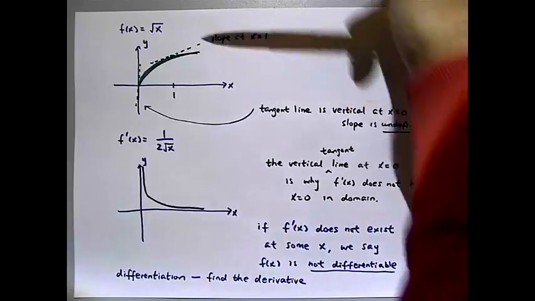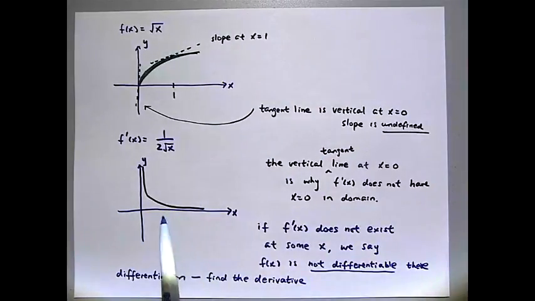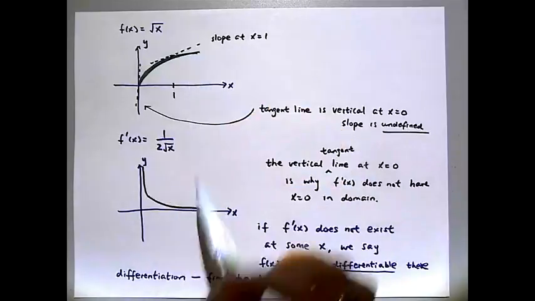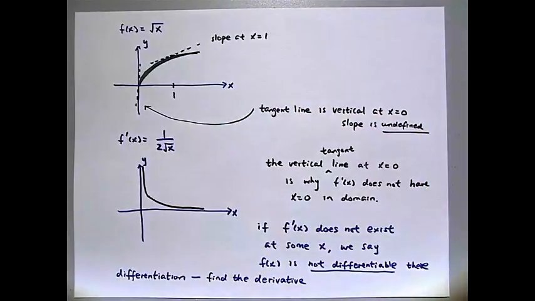Okay? And once again, every point on this function right here represents the slope of the tangent line at the same point.